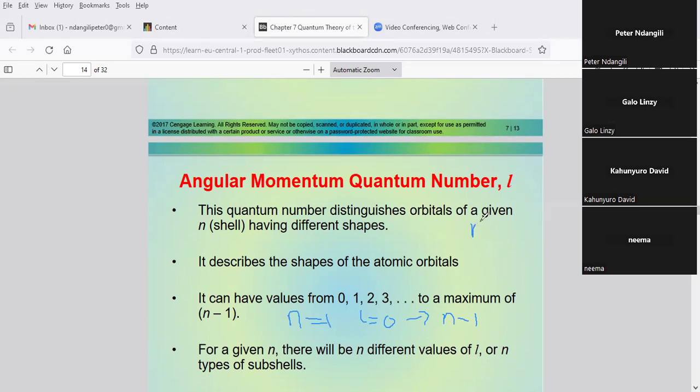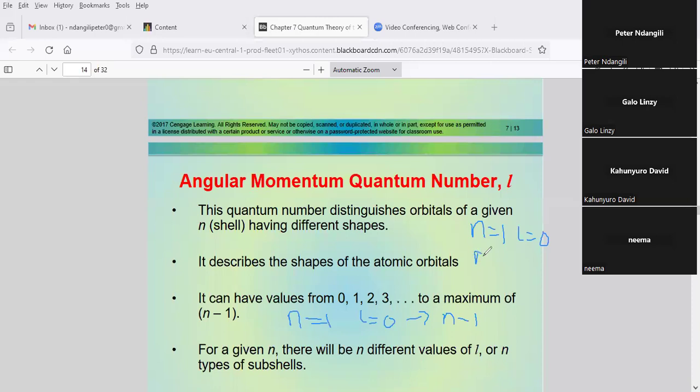When n is equal to 1, L can only be 0. Is that statement understood? Because that is building on the next. The first energy level can only have one possible angular momentum quantum number, which is 0.